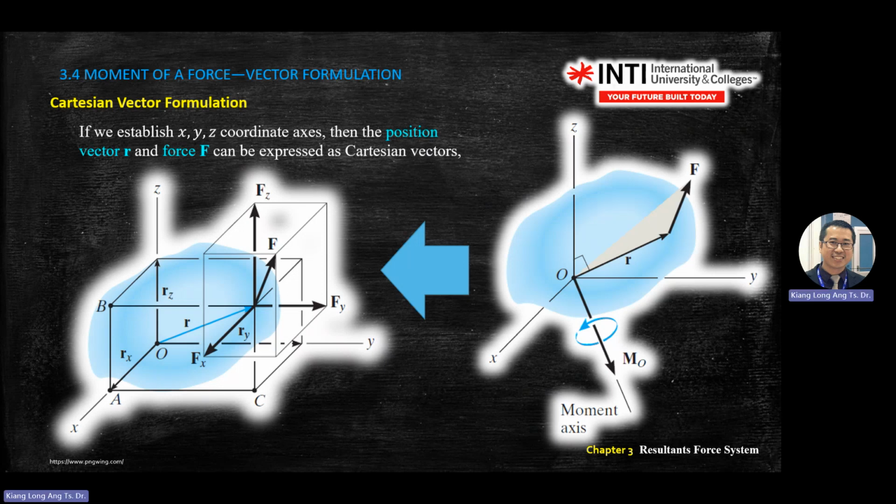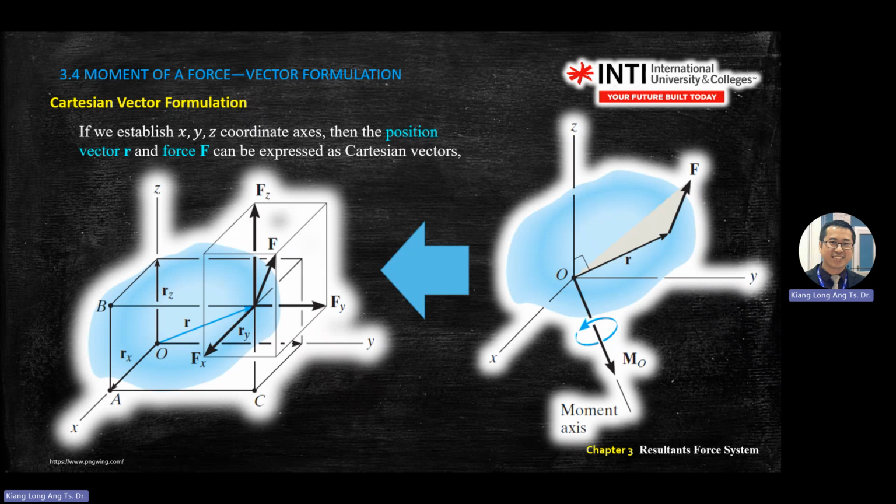Then also you have R. R also you can split into x, y, and z direction. Means you split 2 vectors. Because R is a vector, vector has magnitude and direction, you can split into ijk. Force is also a vector, you can split into ijk.